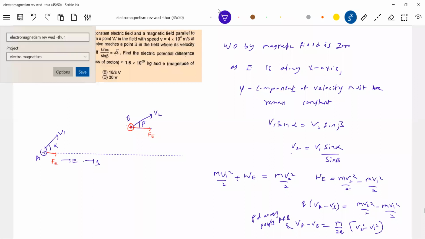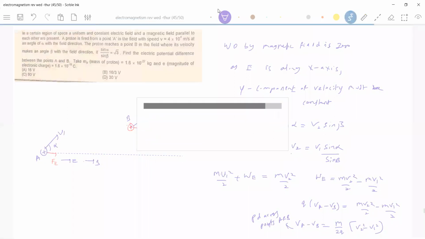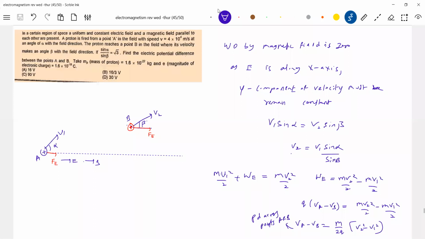Sir, the y component of velocity will be equal only if they are in the same plane. We don't know if alpha and beta are in the same plane. No, if it makes an angle alpha, there is no other force to make it acquire any velocity along the z axis. It will follow a helical path.